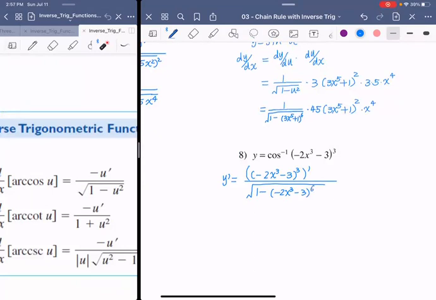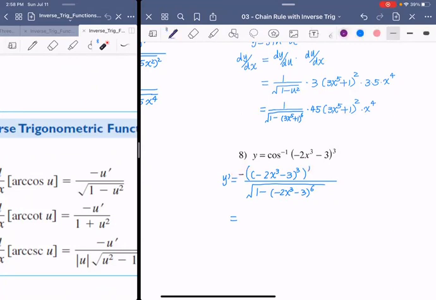Isn't the numerator supposed to be negative? Oh yes, very good. Good catch. Negative on there.